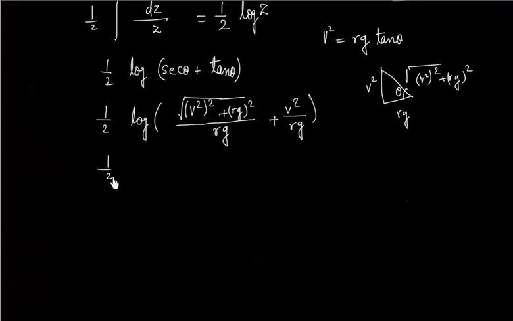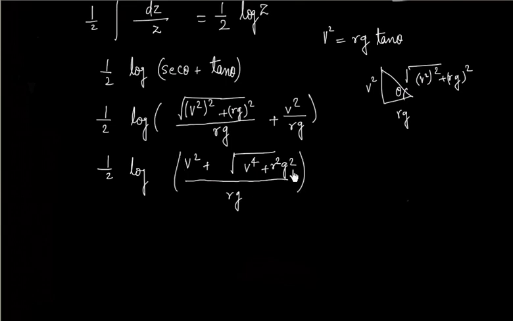So we will have 1 by 2 log of v square plus under root v to the power 4 plus r square g square, divided by rg. So this is the value of the integral.